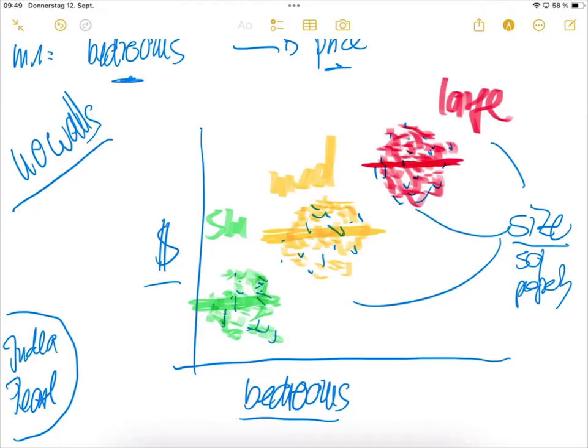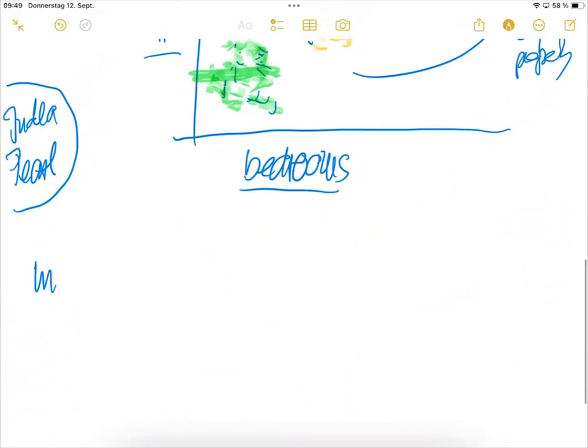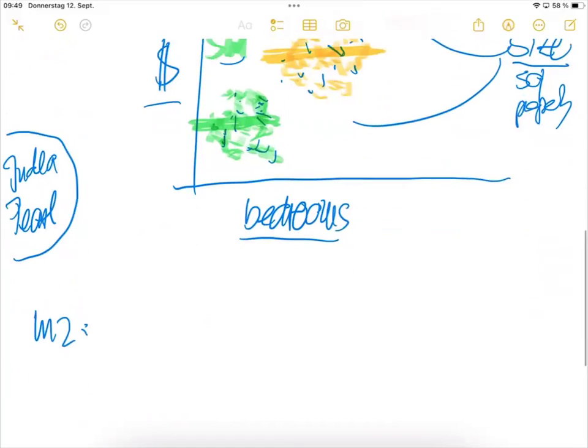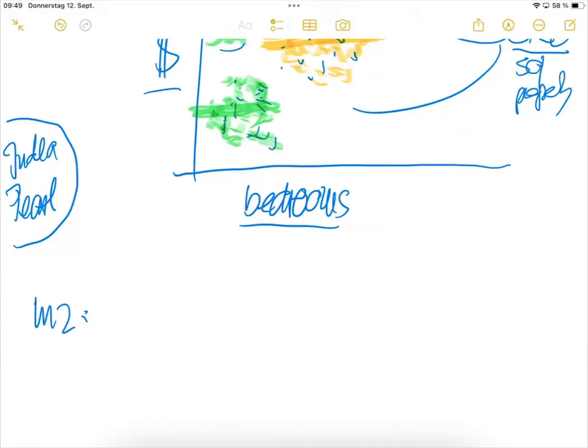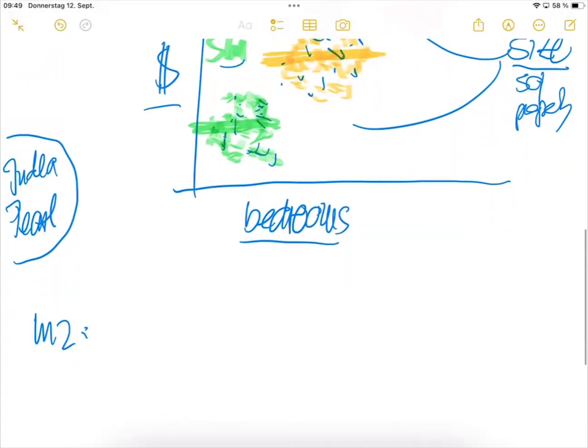Here, for reasons of simplicity, just three values. Model 2 has three variables, and so it's now up to us to ponder what model we want to put forward.